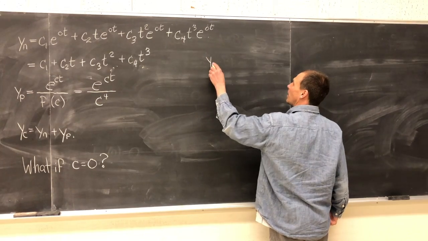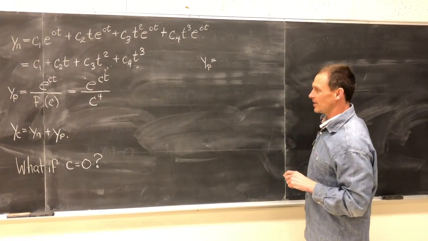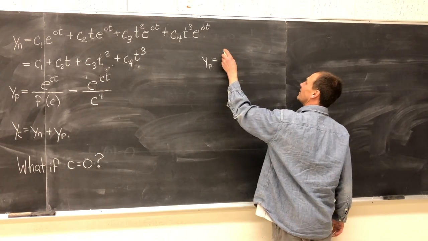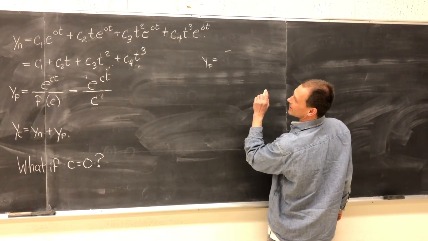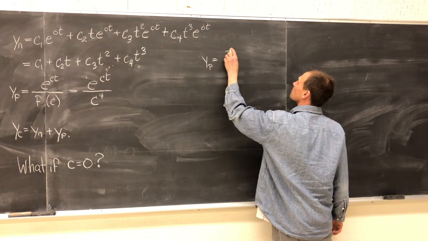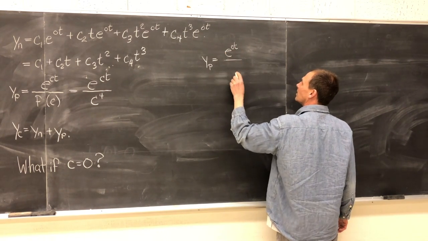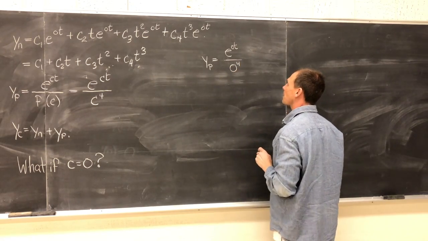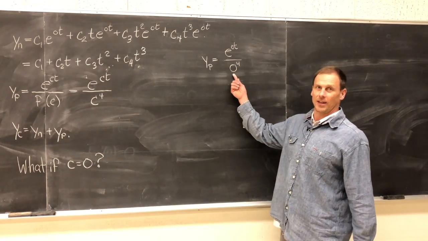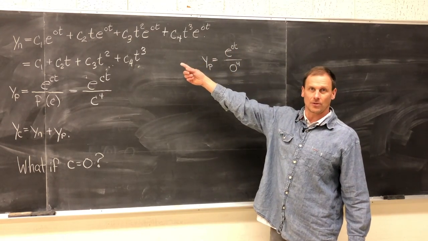My y particular would be e to the 0t over 0 to the 4th. Well, this doesn't make sense. And notice that 0 is already one of my roots.